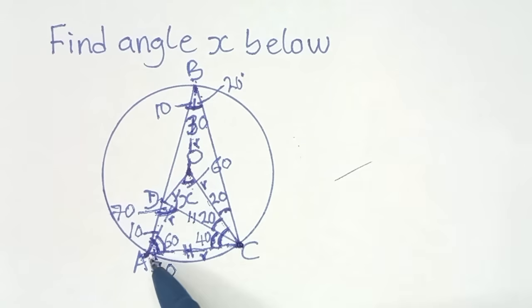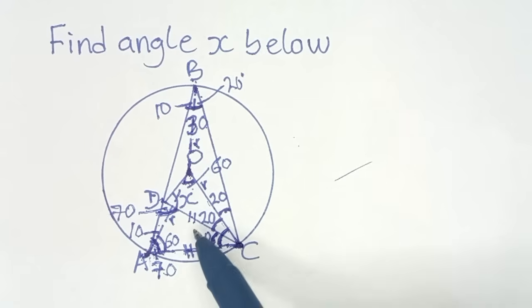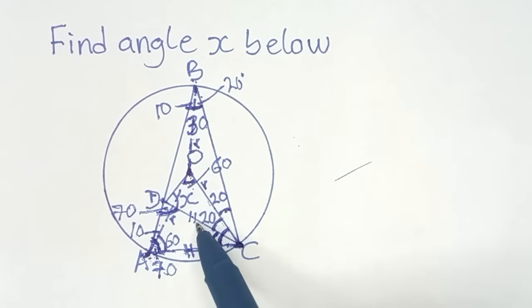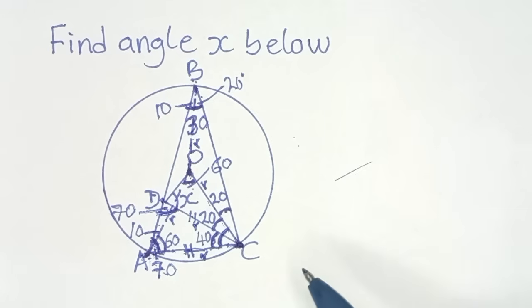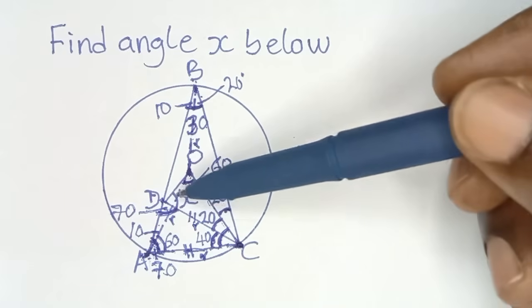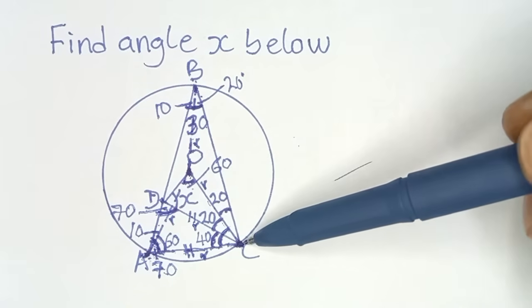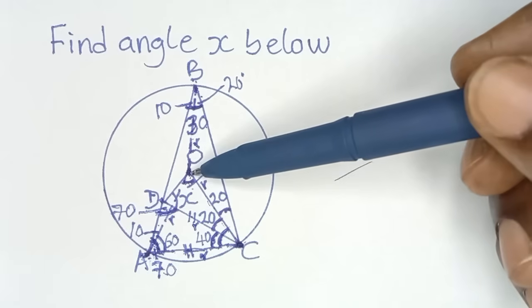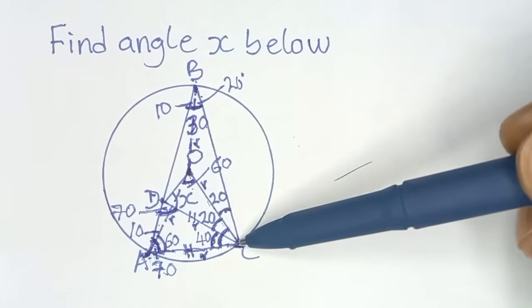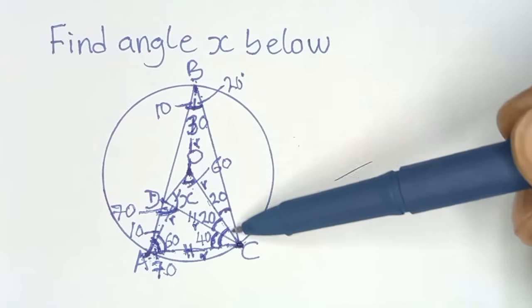But don't forget that AC is a radius line. It means that this DC is also a radius line, also equal to it. So from there, we can conclude that this line DC is also equal to the line OC.